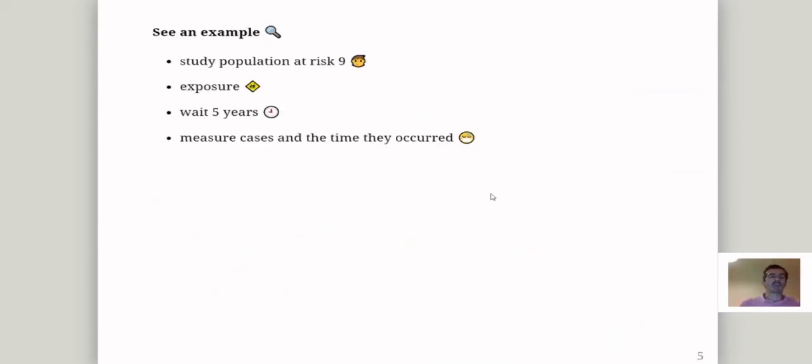So let's say we have a population of 9 kids, and these kids were exposed to heavy traffic, and we wait 5 years. And during these 5 years, we measure the new cases, let's say asthma, that are occurring during this time. And we will take into account children who left the study.